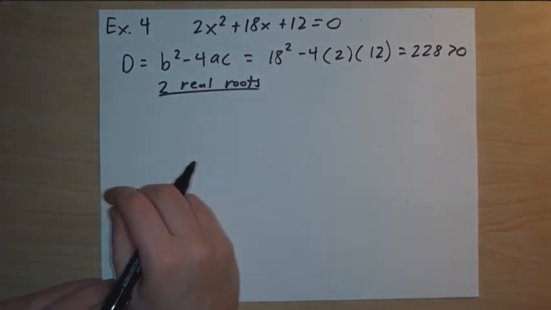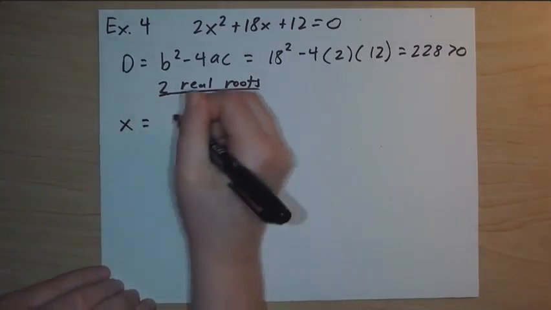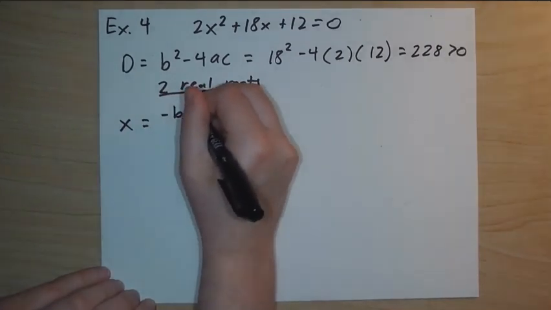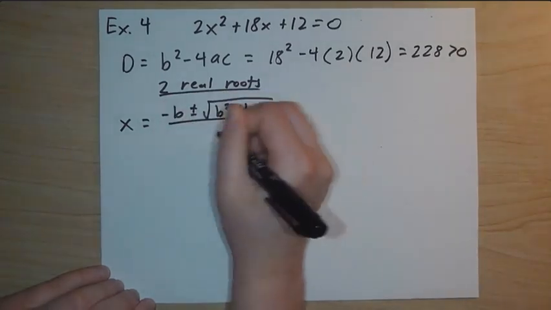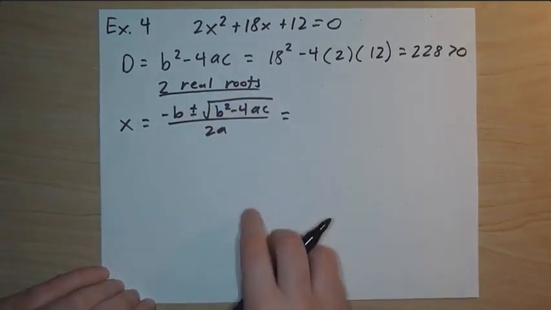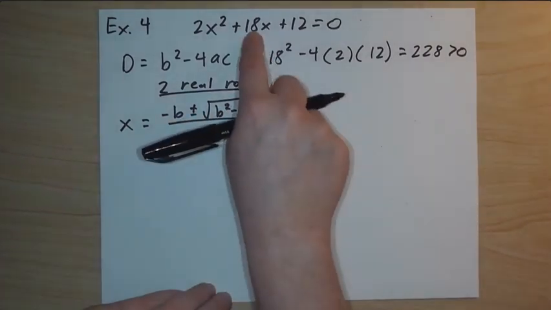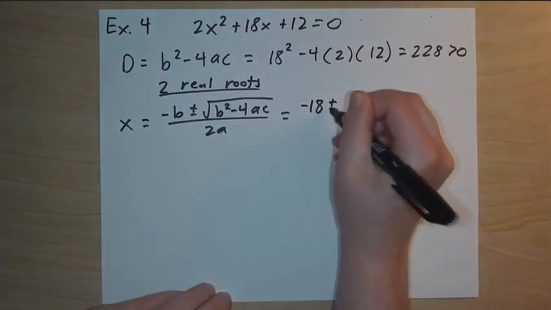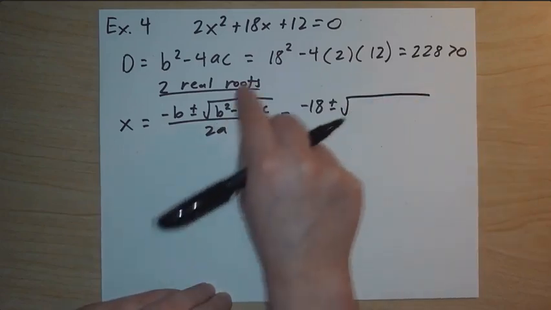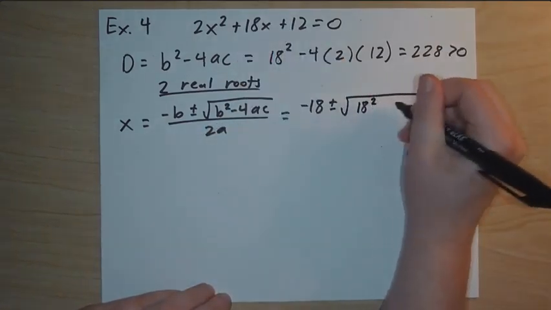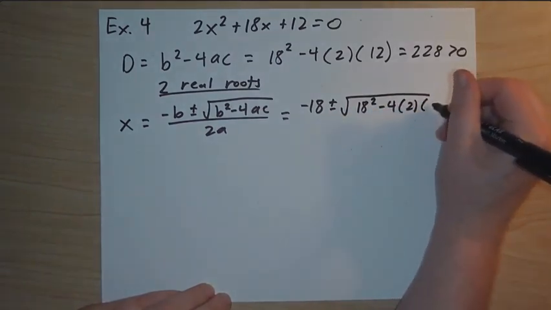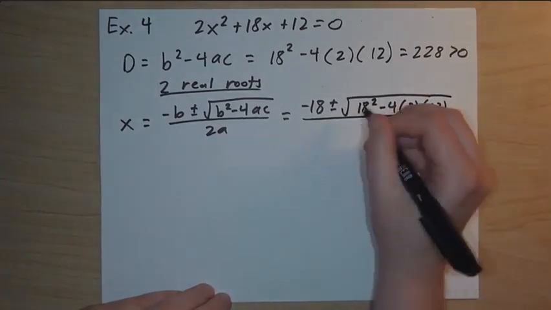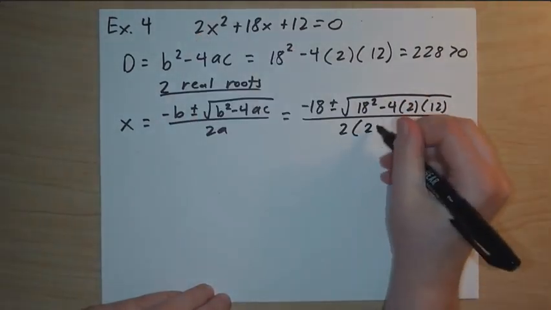So now that we know that it has two real roots from the discriminant, let's find out what those roots are by using the quadratic formula. So x is equal to negative b plus or minus the square root of b squared minus 4ac, divided by 2a. Plugging in, we have negative 18, plus or minus the square root of 18 squared minus 4 times 2 times 12, divided by 2 times a, which is 2.